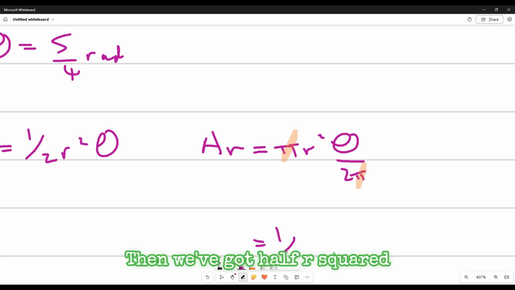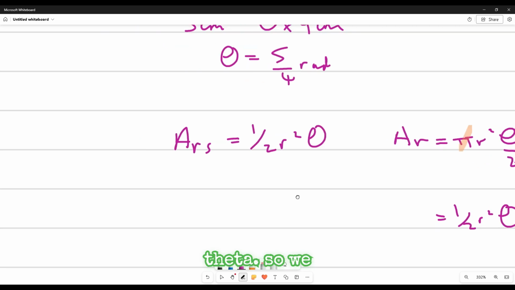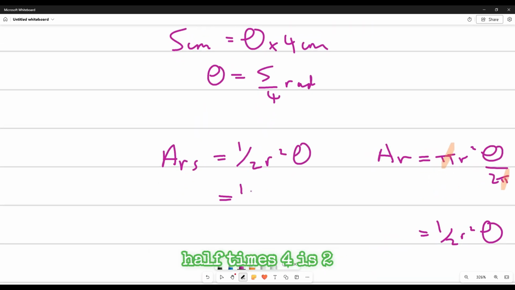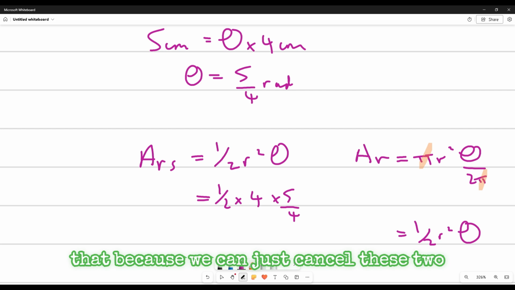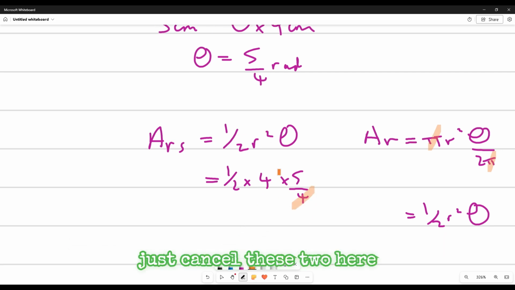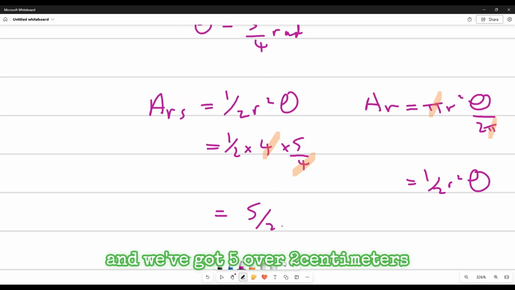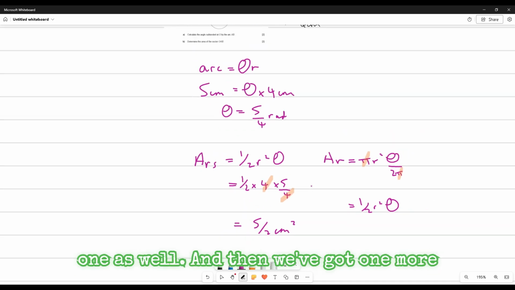So then we've got half r squared theta. So we know the radius is 4, so half times 4 is 2 times 5 over 4. Let's cancel these two. And we've got 5 over 2 centimeters squared. So yeah, that was quite a simple one as well.